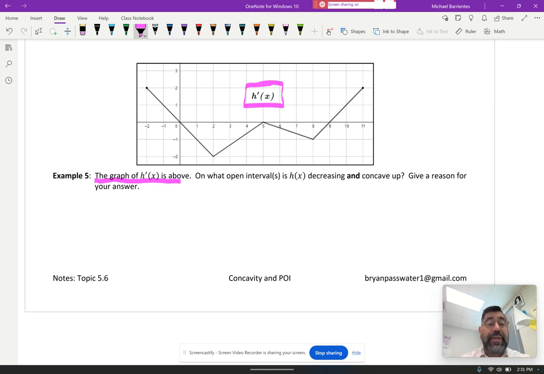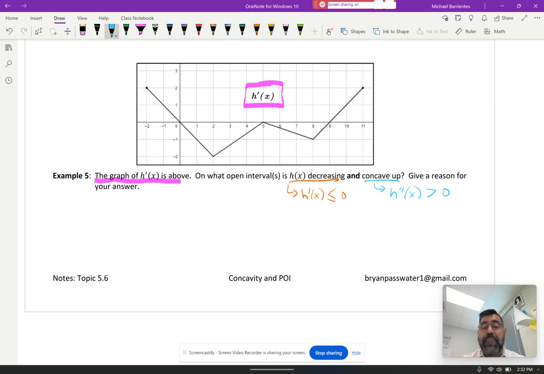Okay, so now I have to put my thinking cap on here. I know that a function is decreasing when h prime, the derivative of that function, is less than or equal to 0. And I know that a function is concave up when the second derivative of that function is greater than 0.